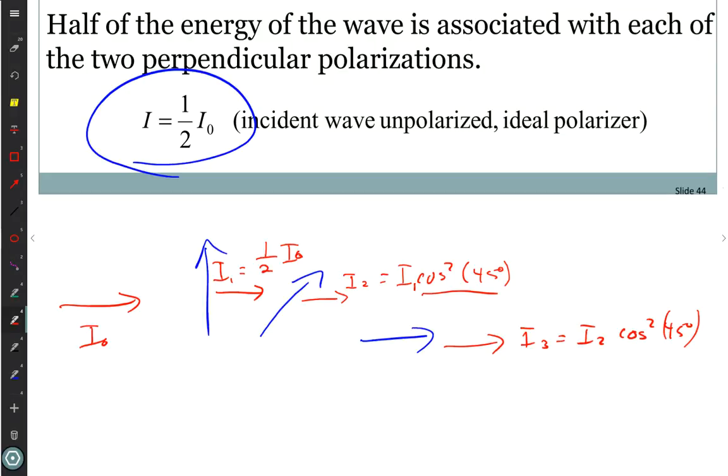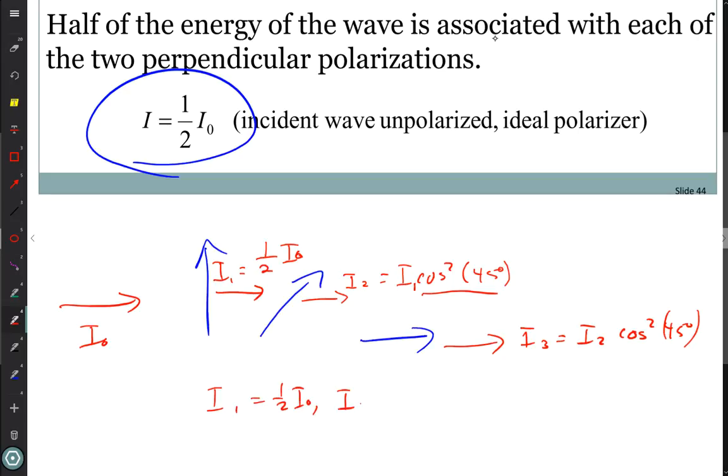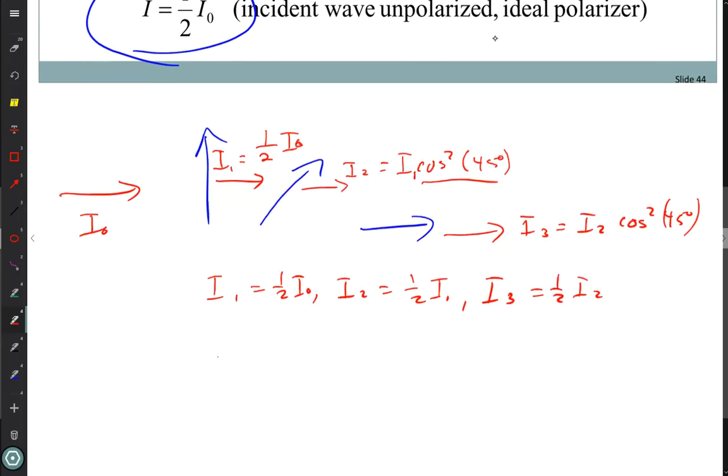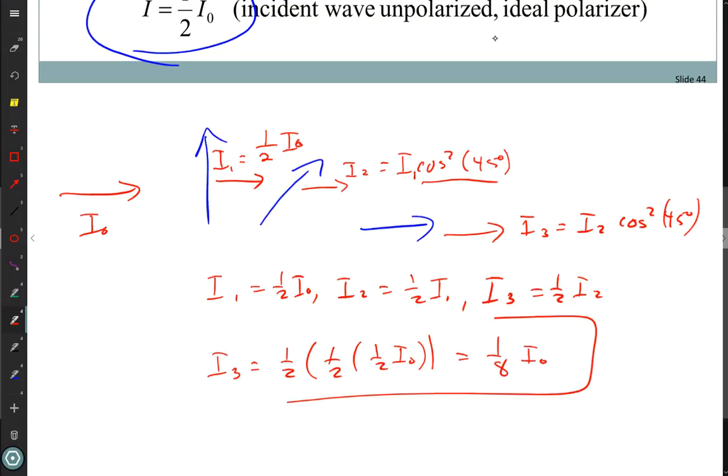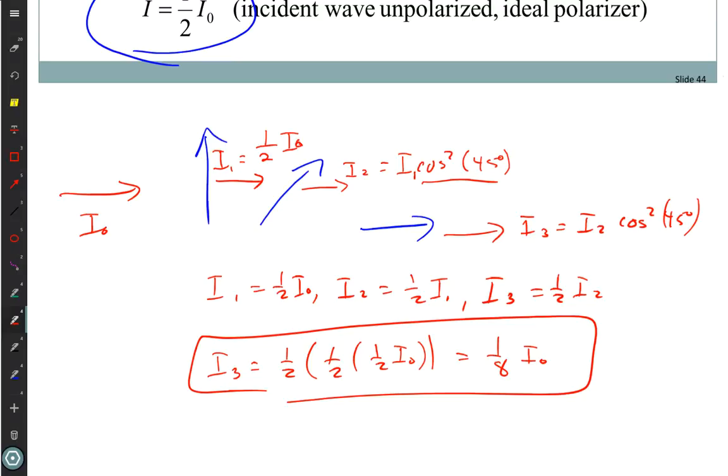So I1 is equal to 1/2 I0. I2 is equal to 1/2 I1. I3 equals 1/2 I2. Put that all together and you get I3 equals 1/2 of 1/2 of 1/2 I0, equals 1/8 I0.